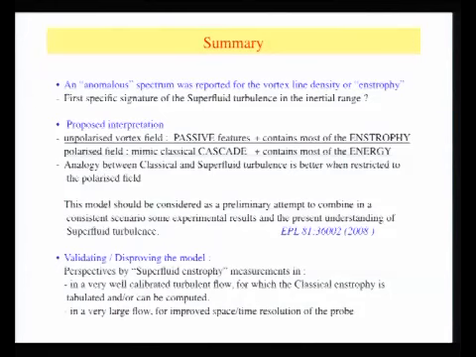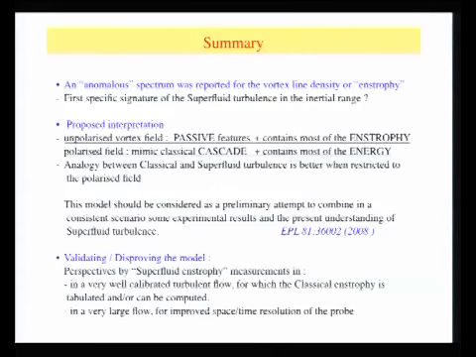Just to summarize the two main features: the unpolarized field has passive features and contains most of the entropy, at least in the upper inertial range, and the polarized field mimics a classical fluid and contains most of the energy. So this seems to be consistent.